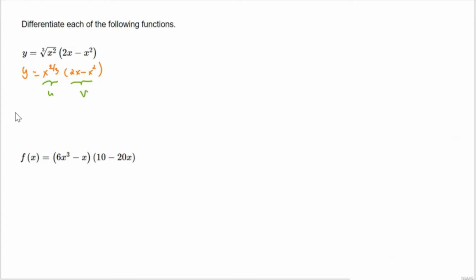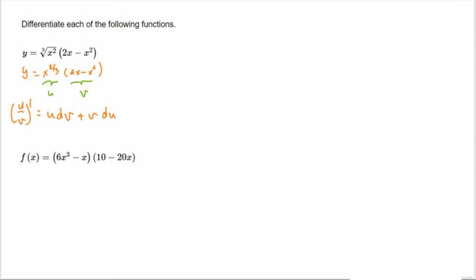Using the formula, the derivative of u times v is equal to u times the derivative of the second term plus the second term, which is v, times the derivative of the first term.